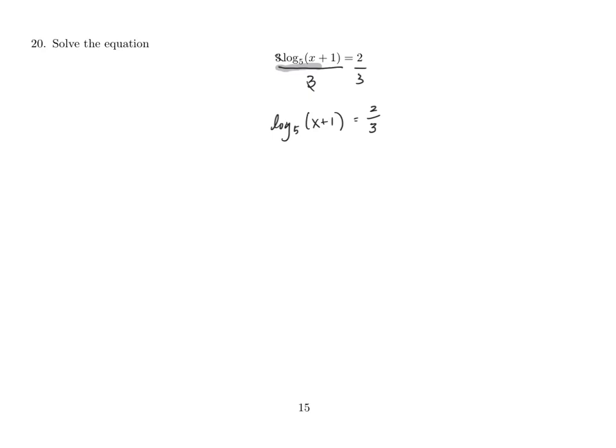At this point, we can rewrite this in exponential form. So we want to first identify the base. The base is 5. So this would be 5 to the 2/3 power is equal to x plus 1. And then at this point, you could subtract 1 from both sides.